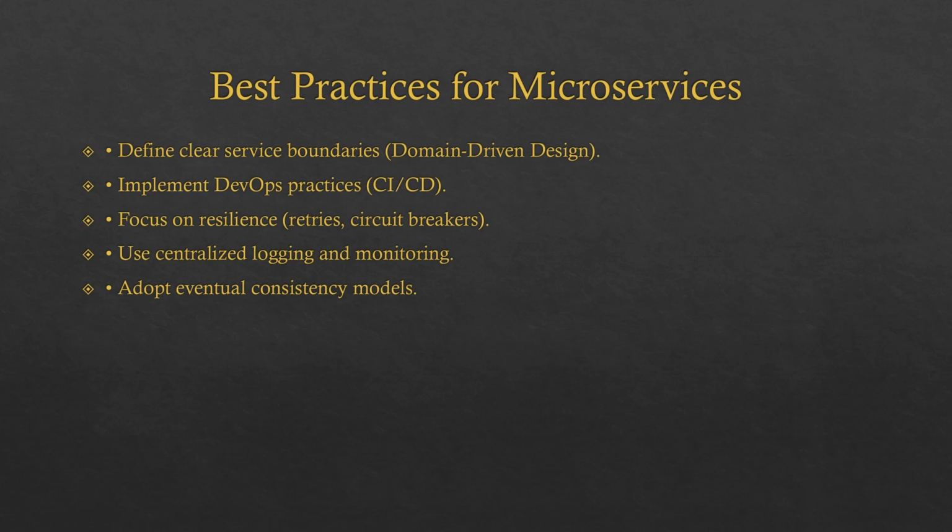Focus on resilience by using retries, circuit breakers, and fallback mechanisms to ensure the system remains robust. Additionally, use centralized logging and monitoring tools to maintain visibility into the system's performance. Lastly, microservices often rely on eventual consistency models instead of strict consistency.